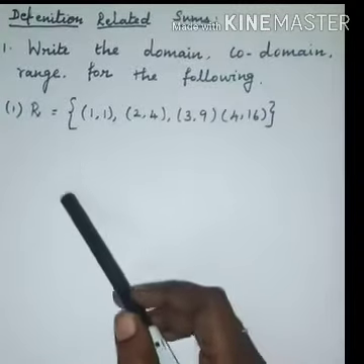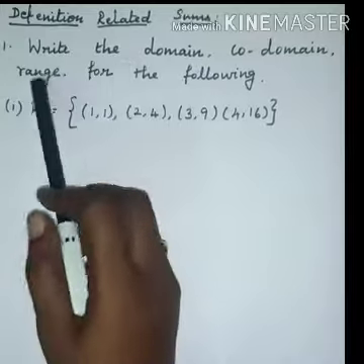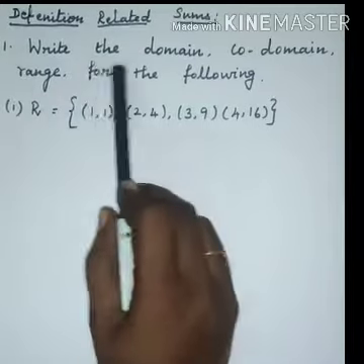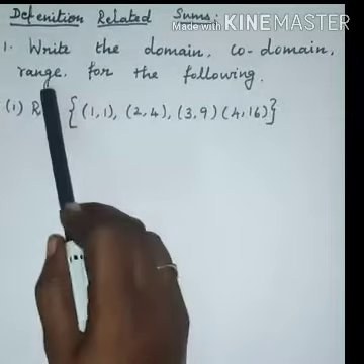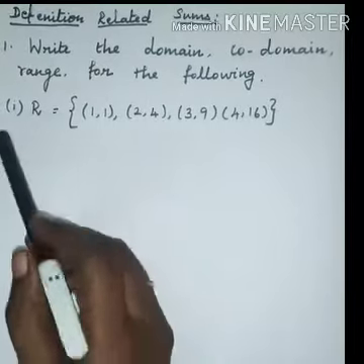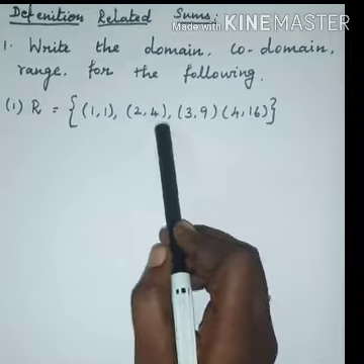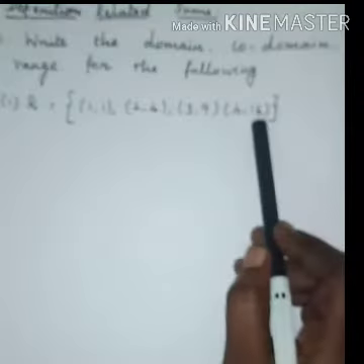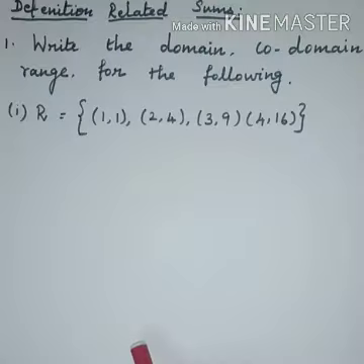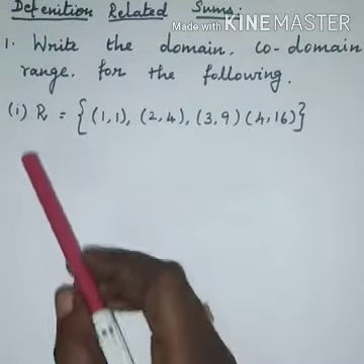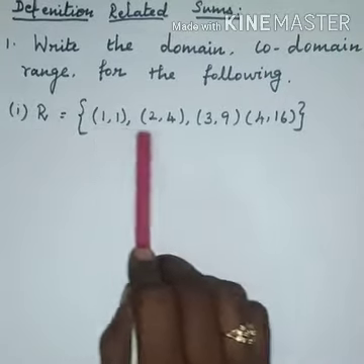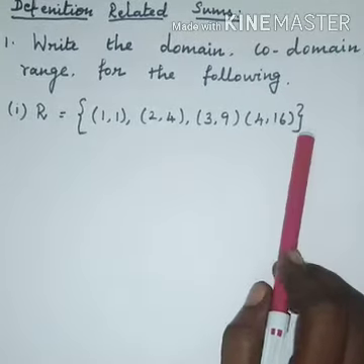Next, we are going to see the definition related sums. First sum, write the domain, codomain, range for the following. R is equal to {(1,1), (2,4), (3,9), (4,16)}. Here, the relation R is given by a set of ordered pairs.